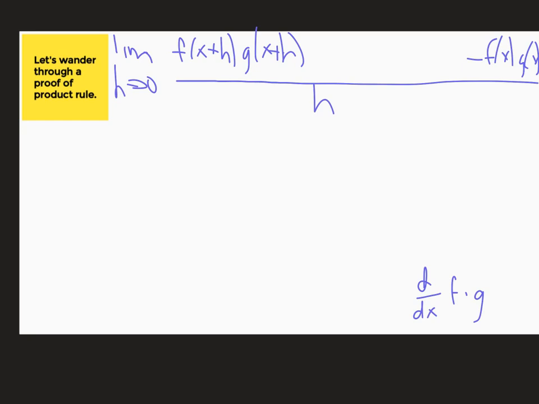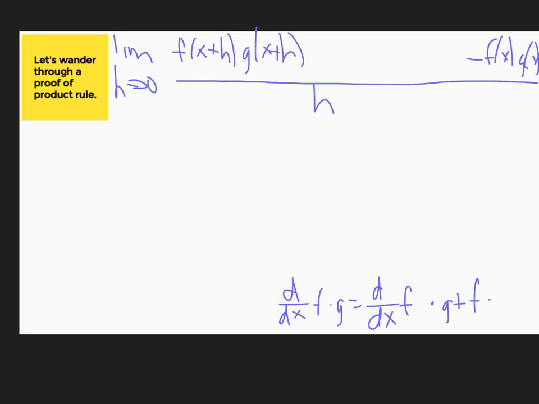I'm going to tell you where we're going. The derivative of f times g is the derivative of f times g plus f times the derivative of g. I'll write that as dg/dx and df/dx to make it a little clearer.